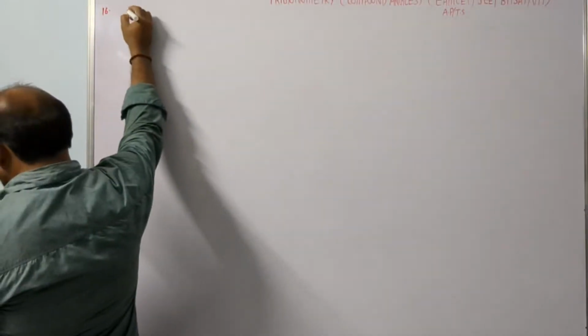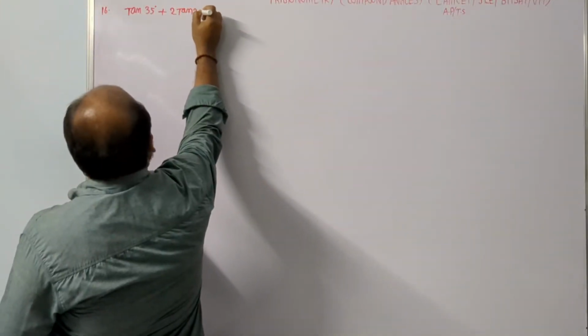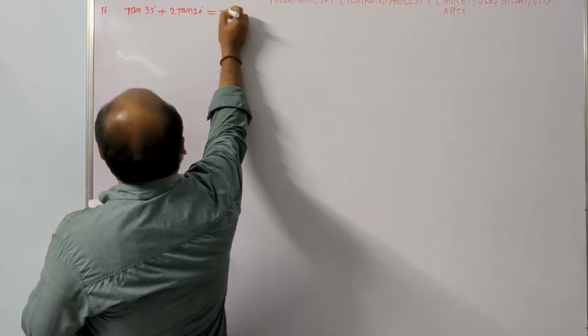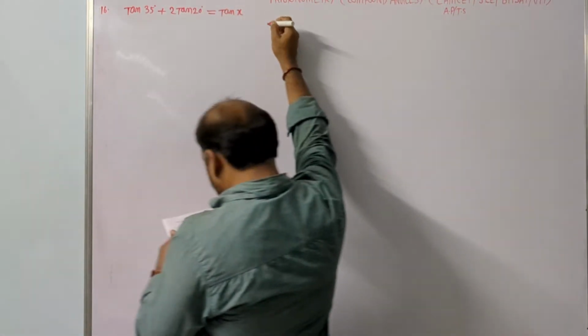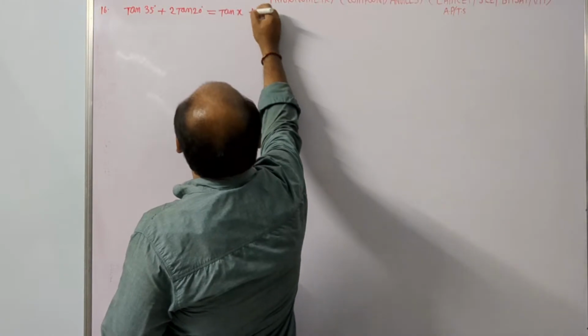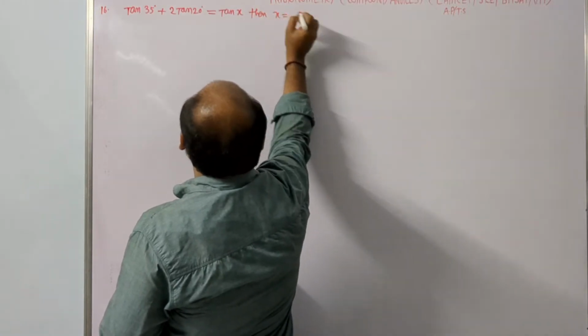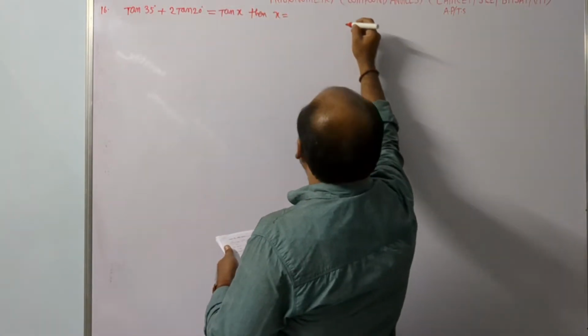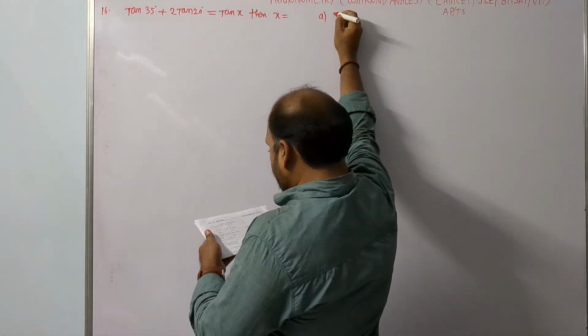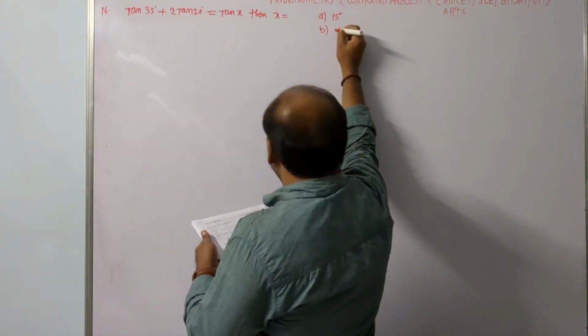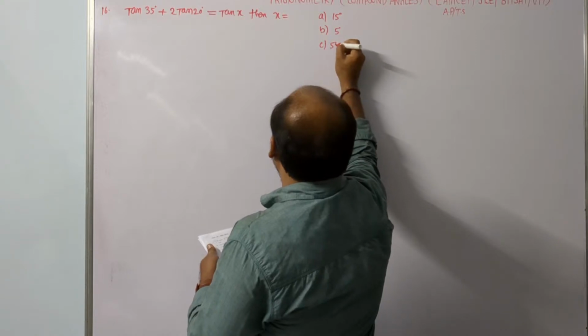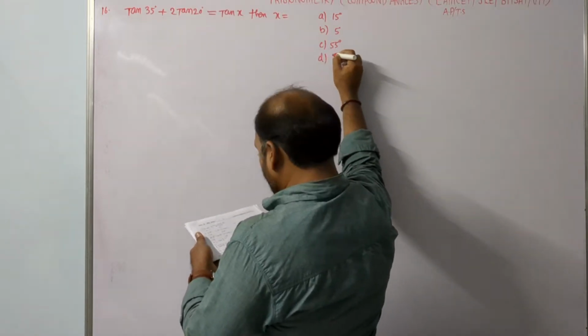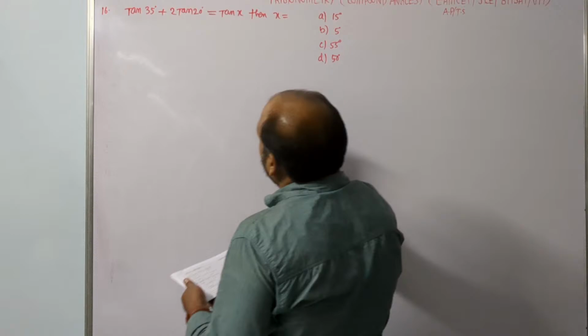Question number 16. Tan 35 plus 2 tan 20 degrees is equal to tan x. Then x is equal to, options are provided: 15, 5, 55 and 50.